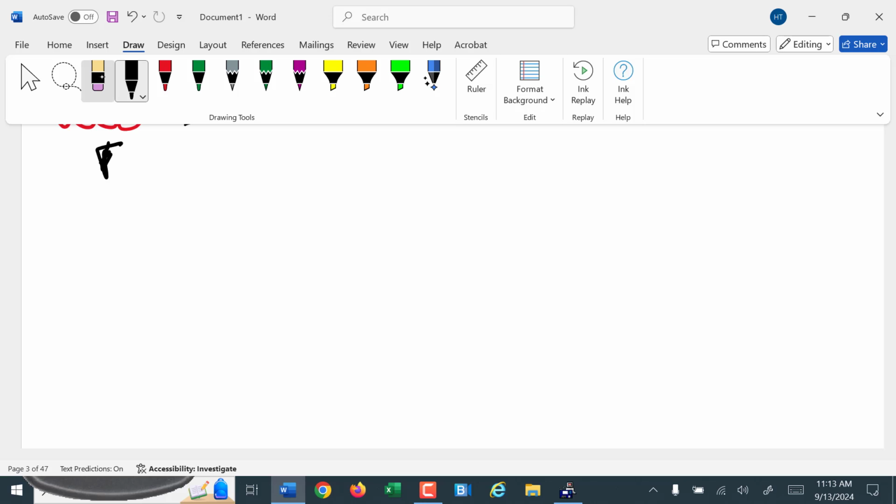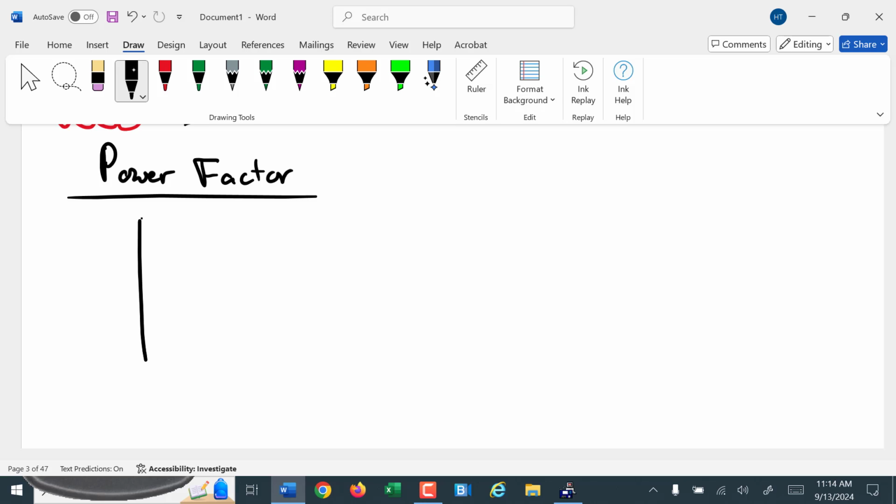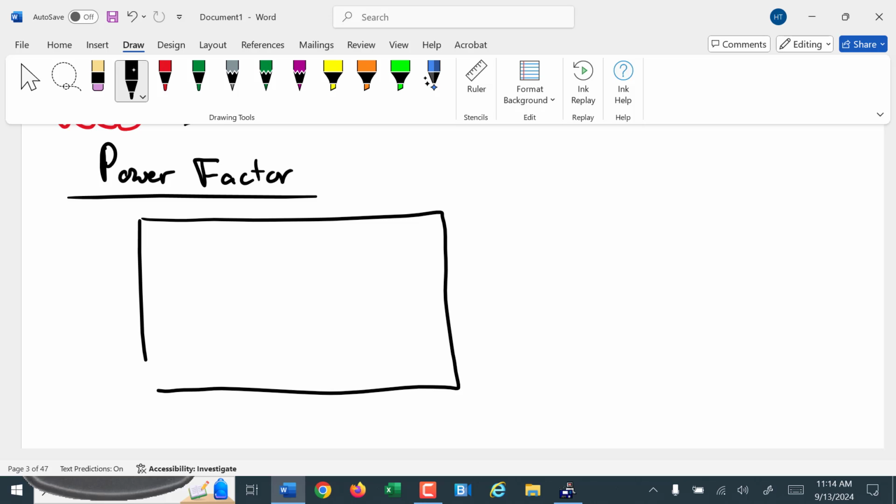So next thing we want to discuss is something called a power factor. Power factor is simply going to be a percentage, and it's a percentage of utilized power. If you ever look at a tag for a motor, there's a lot of information listed there.